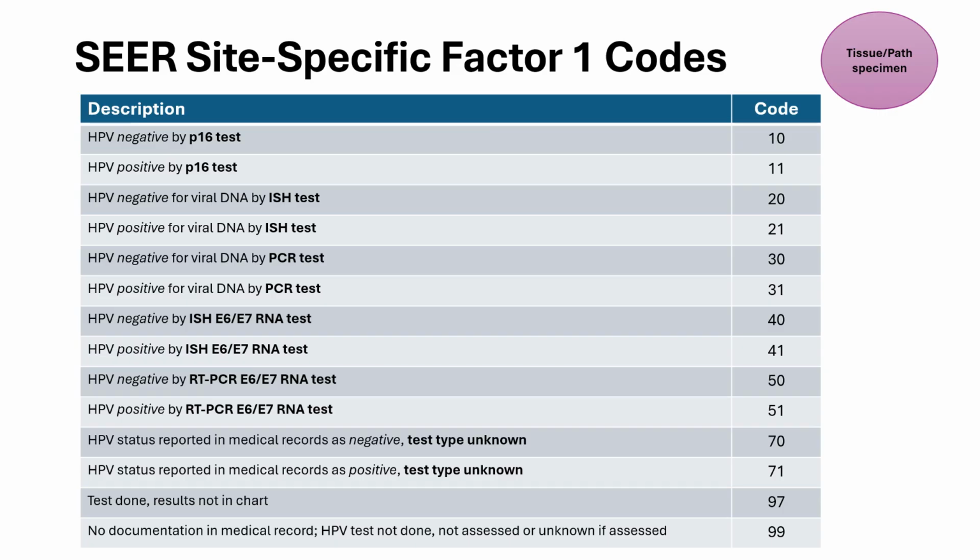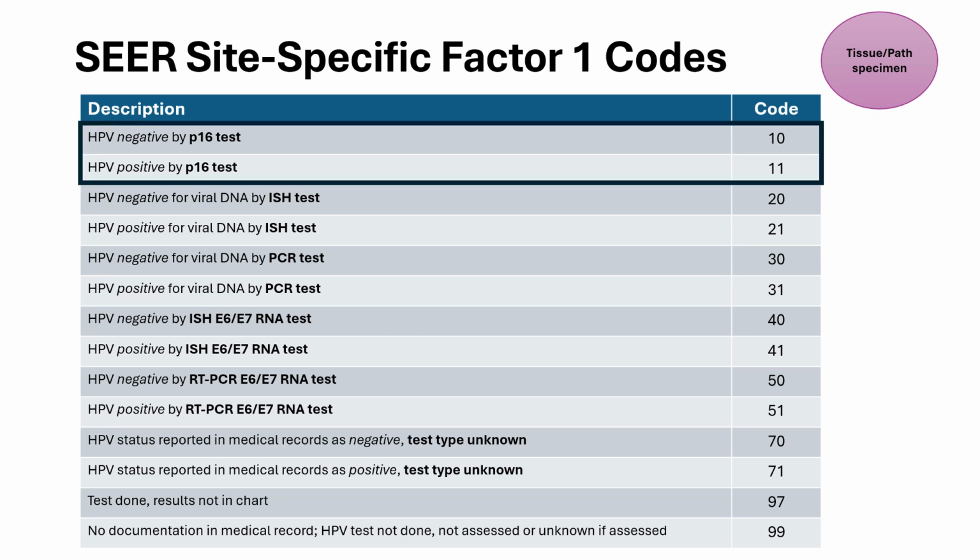These are the updated codes for the SEER site-specific factor 1 data item for HPV status. As a reminder, these are based on tissue or pathologic specimens and not the same as the SSDI for HPV or P16. So here we have HPV is negative or positive based on P16 test alone.